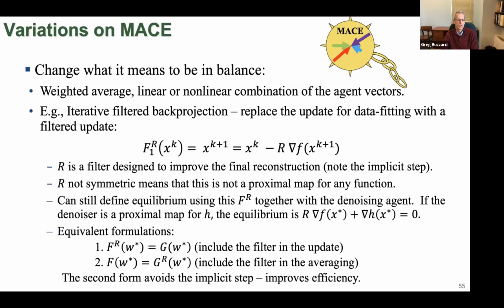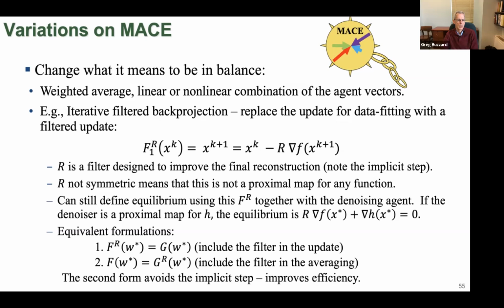And what we've shown is that you can get equivalent formulations either by applying this implicit proximal map update step with the filtering, or you can use the regular proximal map with this alternate form of averaging that incorporates the filter into the averaging. Okay, and that can be used to improve the efficiency.